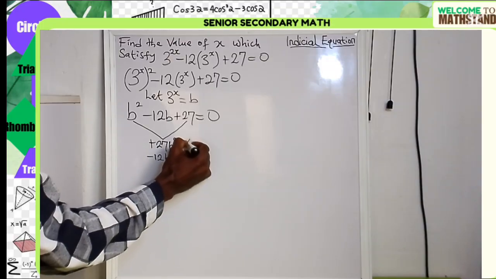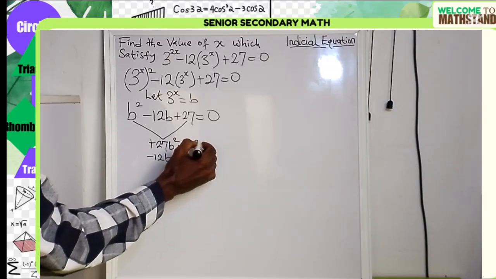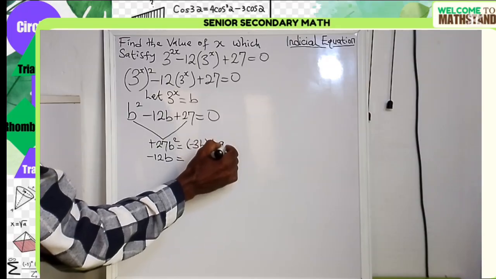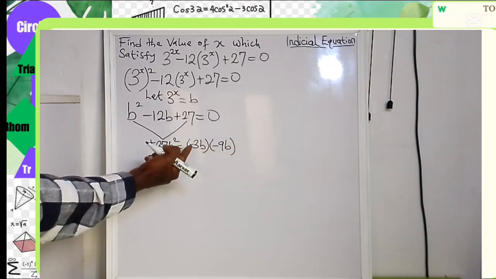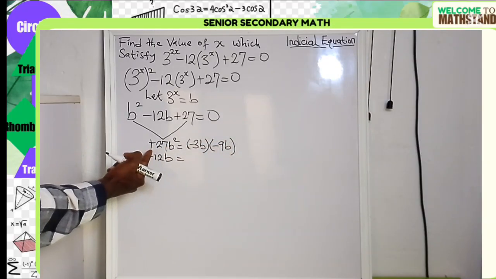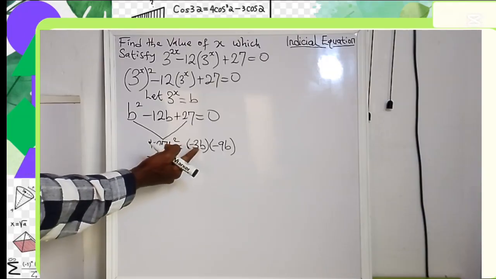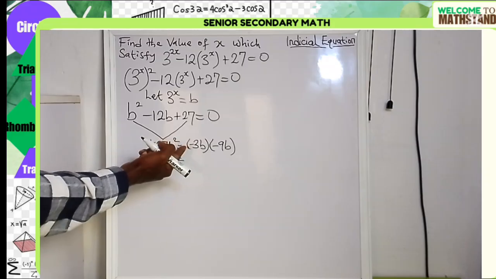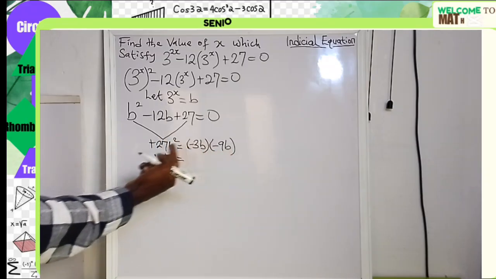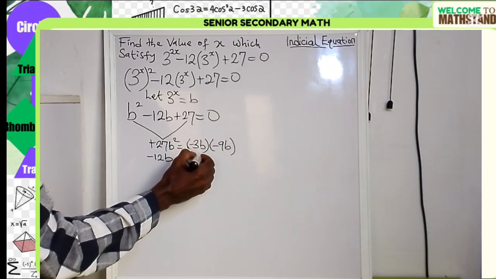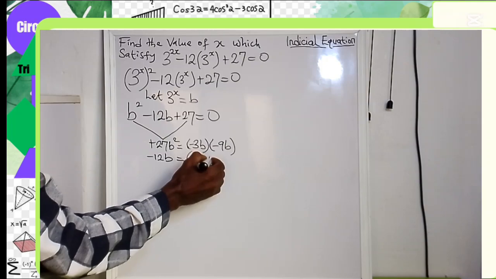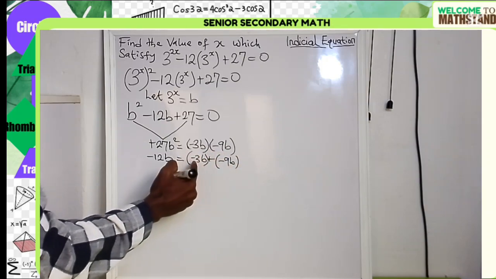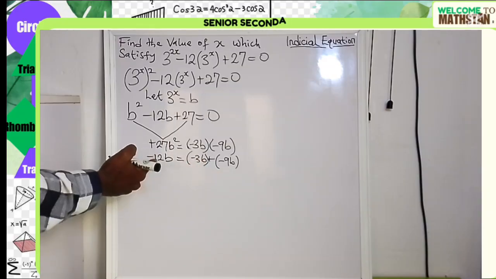So I can say minus 3b times minus 9b. Why am I taking minus? Because I know that minus times minus will give me plus. You understand? Then 3 times 9 will give me 27, and b times b gives b square. So minus 3b plus minus 9b, minus 3 minus 9 is minus 12.